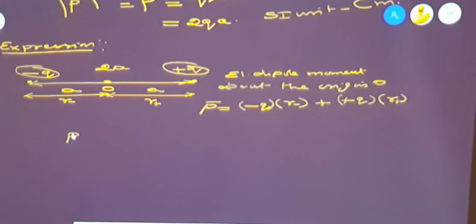Now substituting, P vector is equal to minus Q multiplied with r minus.